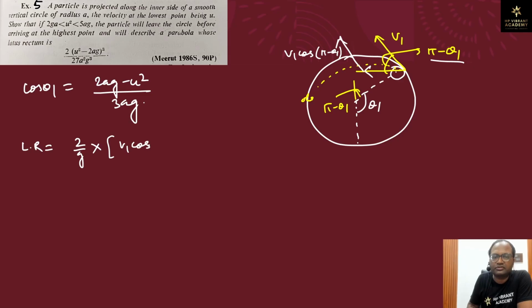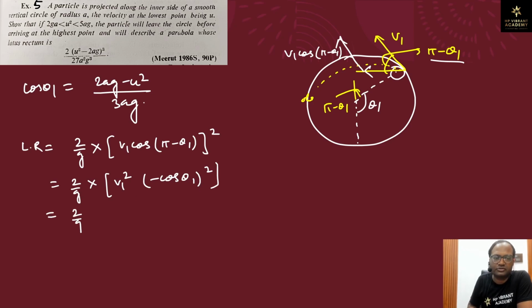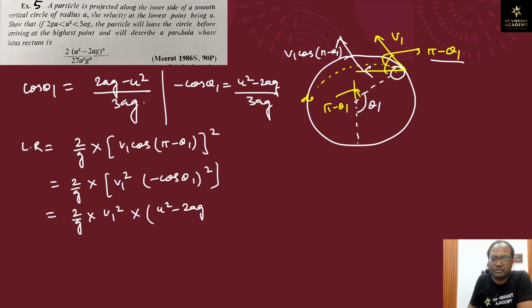So it is 2 upon g into v1 square into (minus cos theta 1) whole square. Minus cos theta 1 is equal to (u square minus 2ag) upon 3ag, the whole square.